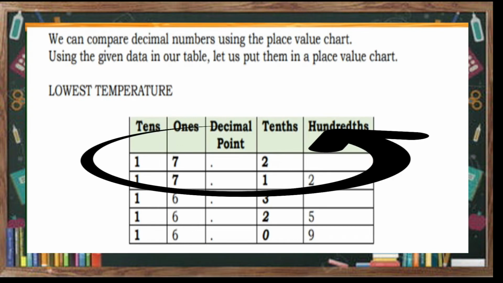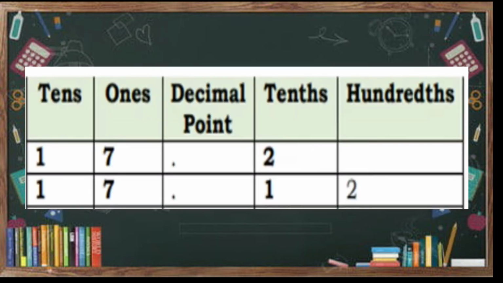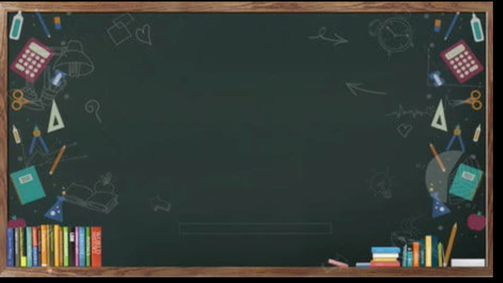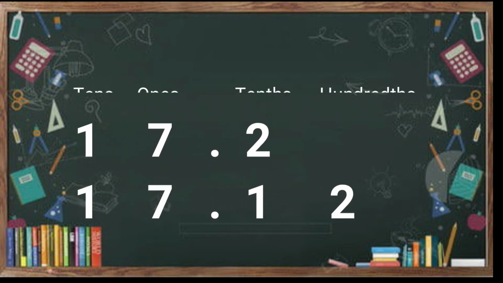Of course, these two are the higher numbers. But which of these two is the highest? Let us compare 17 and 2 tenths and 17 and 12 hundredths. Can you tell which is bigger?